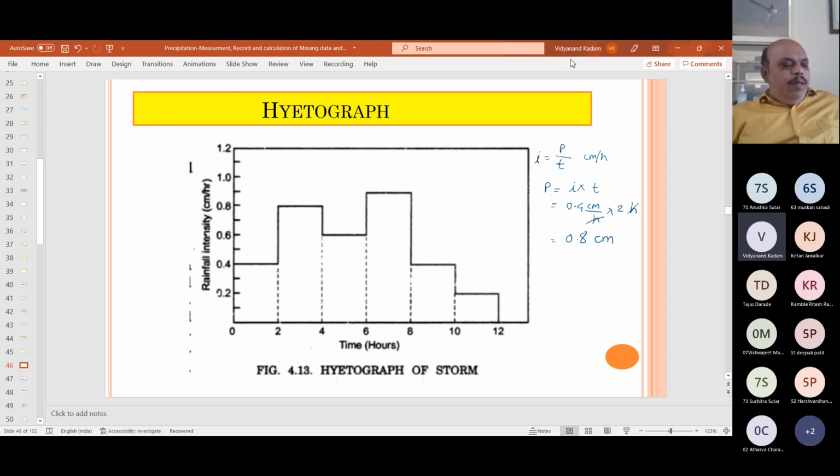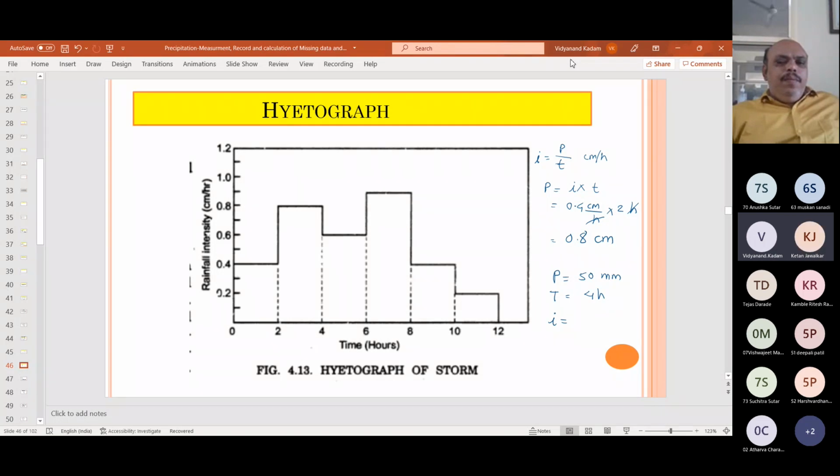Now you tell me, if total precipitation P is 50 mm and total duration T is, suppose, 4 hours, then what will be the intensity?